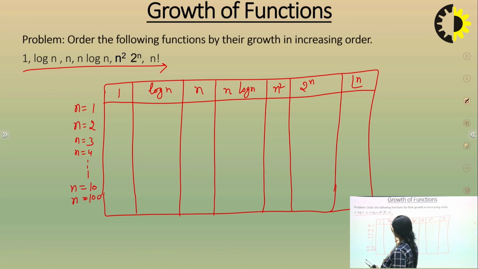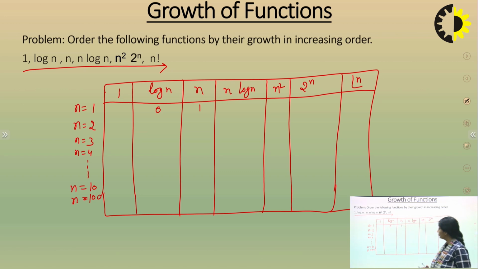First of all, I will start from this log n. I will see this 1 later on. I put the value of n equal to 1, then log 1 is equal to 0, as we already know. And here n equal to 1, and this is n log 1. The value of log 1 is 0, so it means 0.